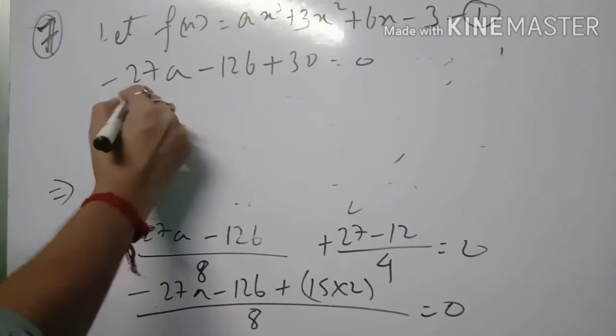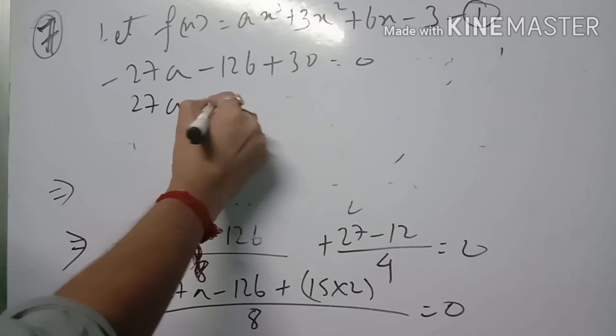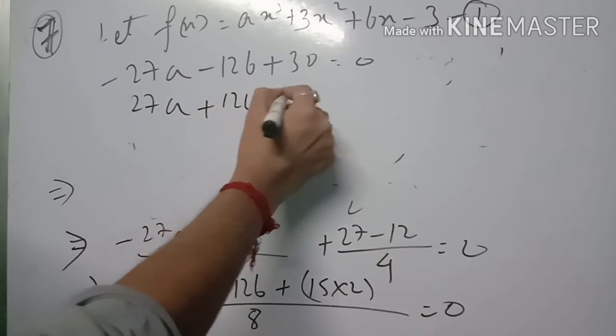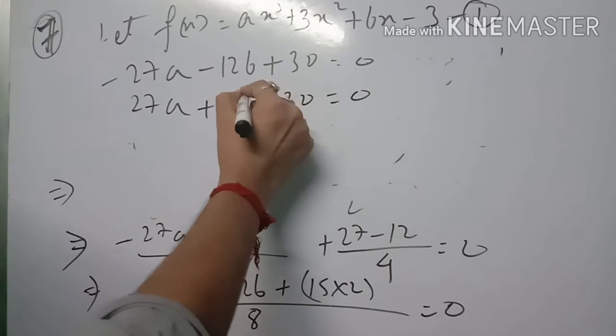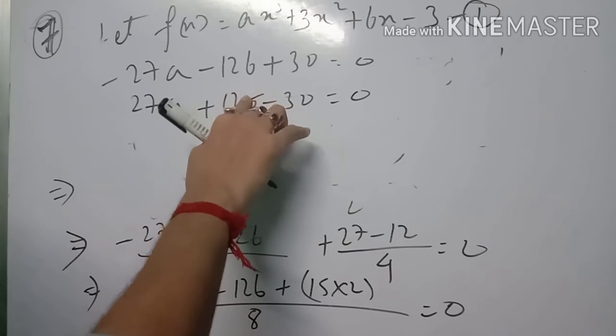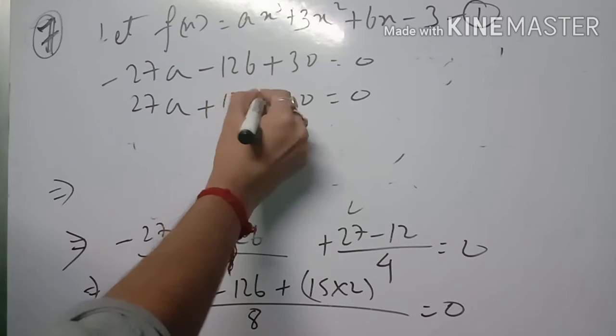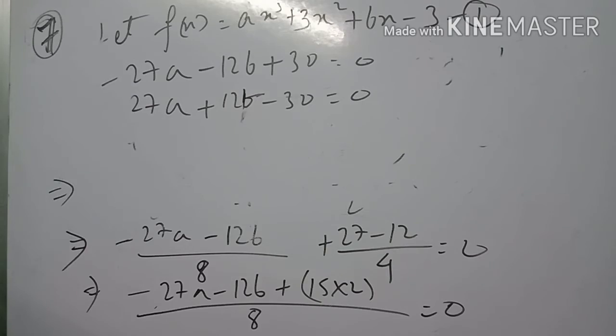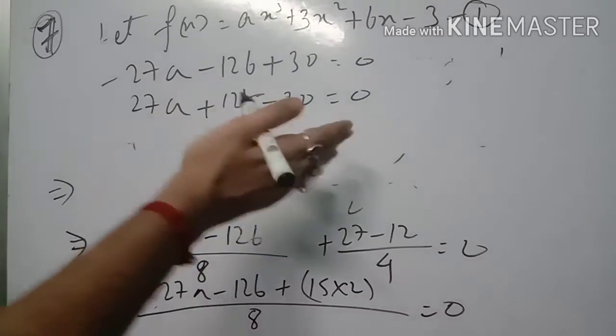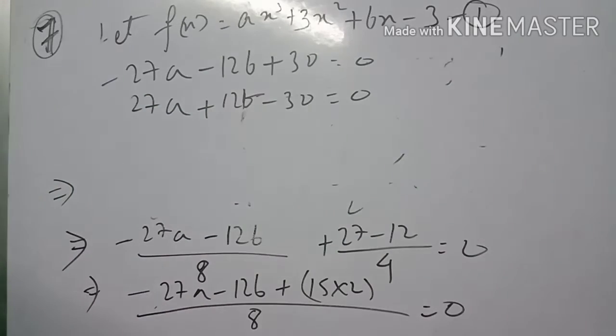Now let me change the sign. It will become plus 12b, minus 30 equals 0. We can cancel it, we can make it short.